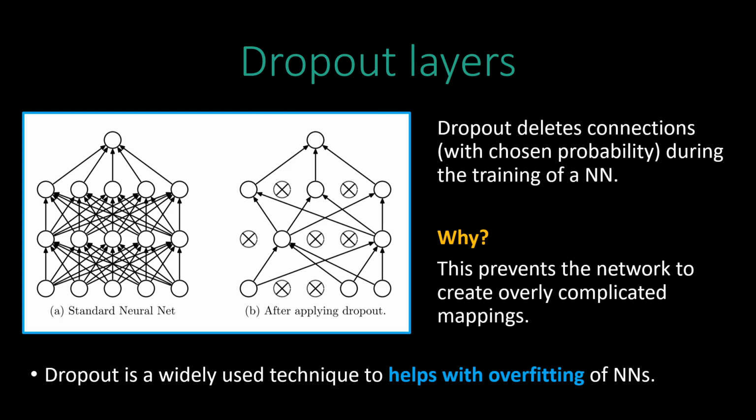Well, why would we want to do something like this? It's a good question. Well, this prevents the network from creating overly complicated mappings. If we want to output one particular label for this one image, there are quite a lot of ways to map this function, right? There are many ways to represent this data inside this network.